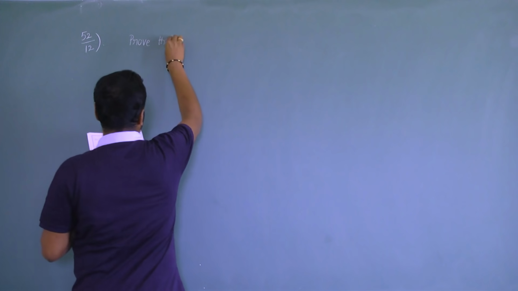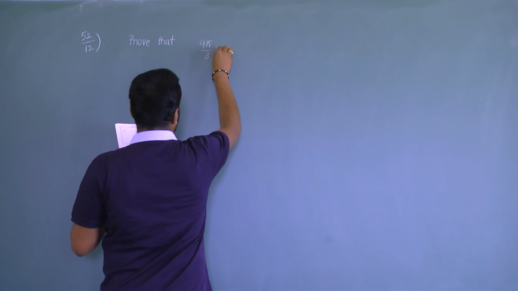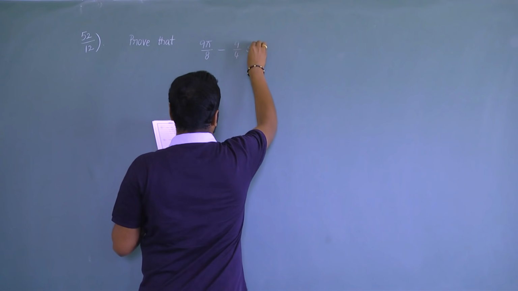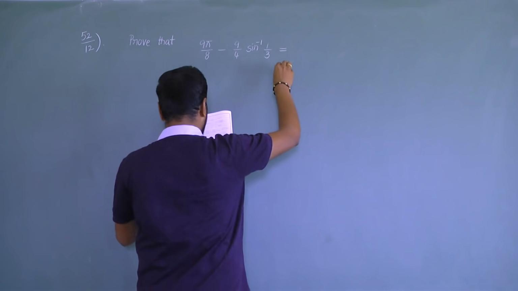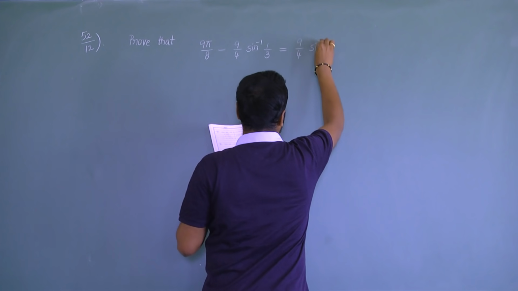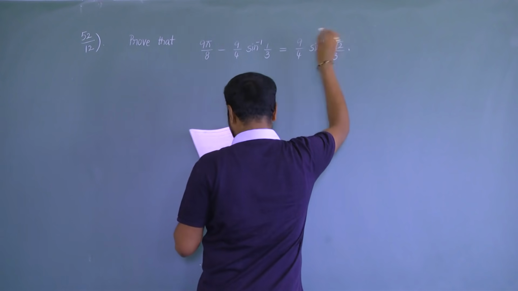Prove that 9 pi by 8 minus 9 by 4 sin inverse 1 by 3 equals 9 by 4 sin inverse 2 root 2 by 3.